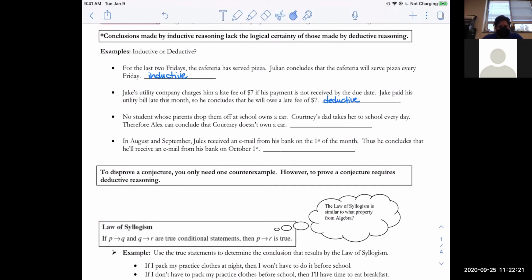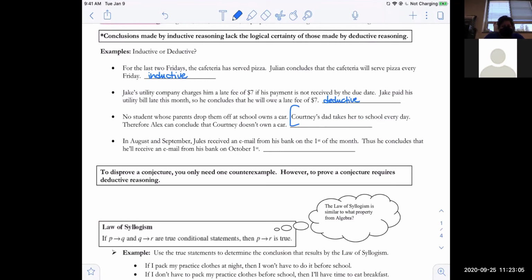Okay, so that is something that we are assuming to be true. Courtney's dad taking her to school and Alex assuming that is kind of following the procedure. Courtney's dad takes her to school every day is something that actually does really happen, so this is something that we know is true.